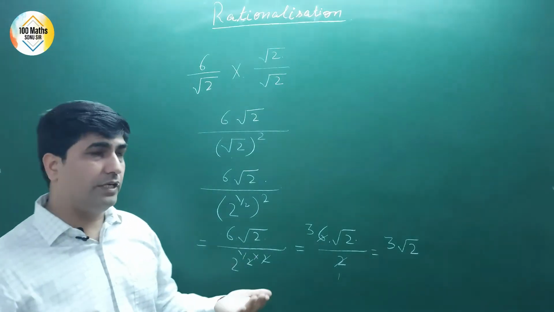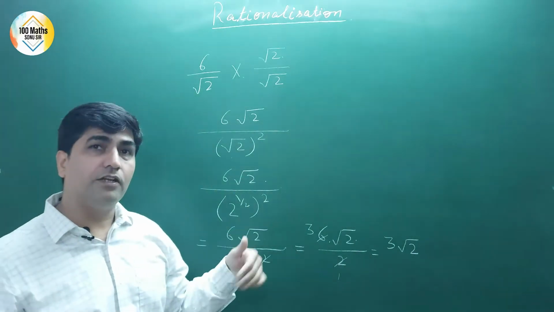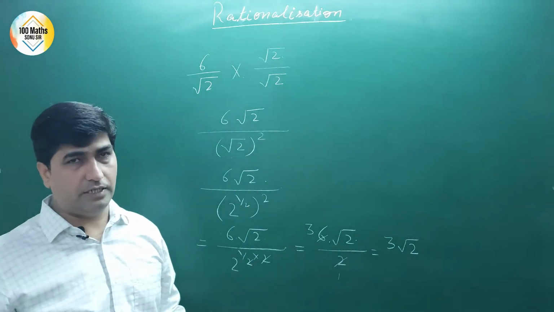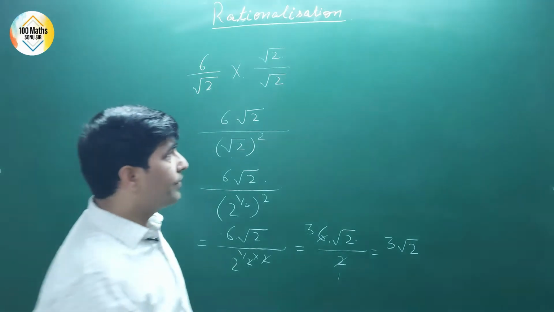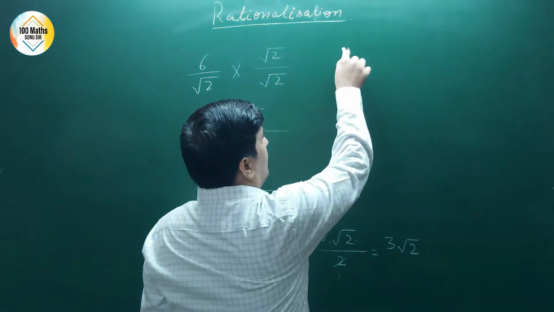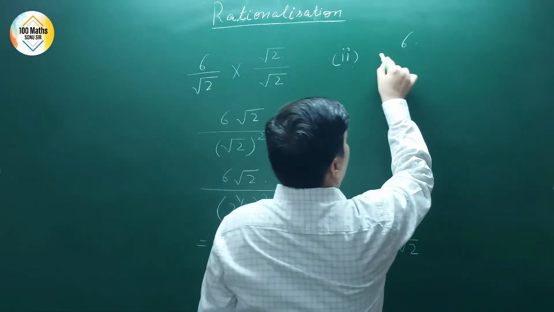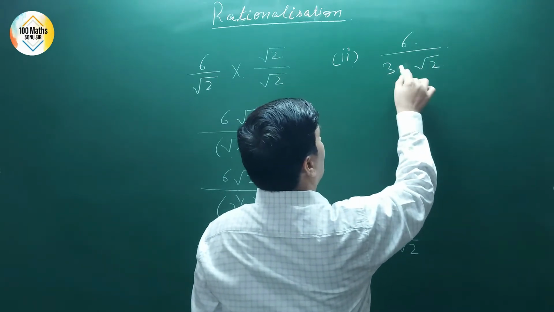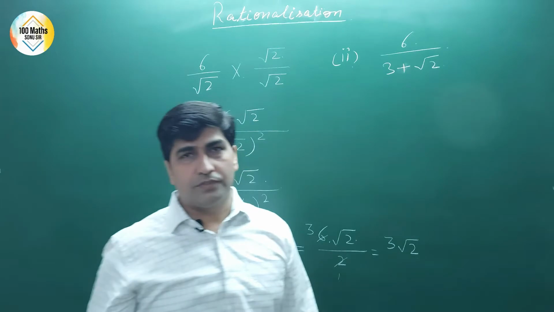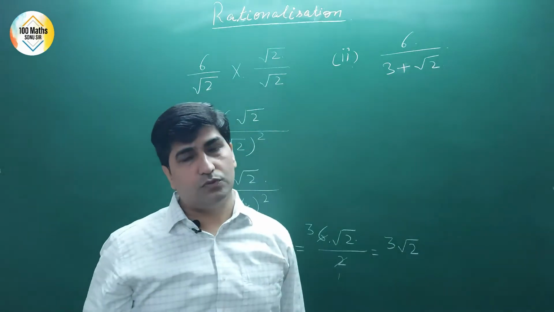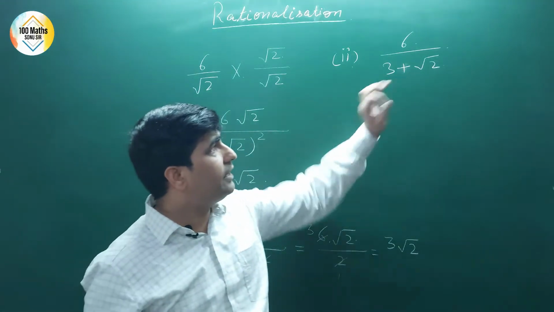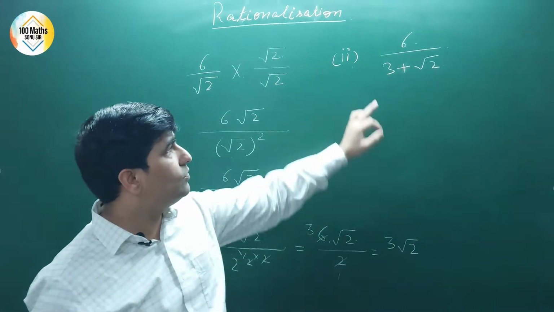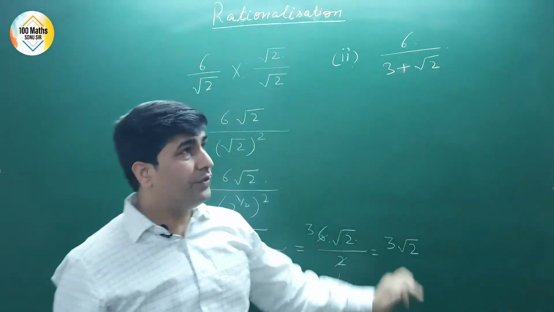We will see if there are two terms in the denominator. Let's say it is like this: 6/(3 plus √2). What if it is like this? Now see, denominator is having two terms. So what to do to solve this?